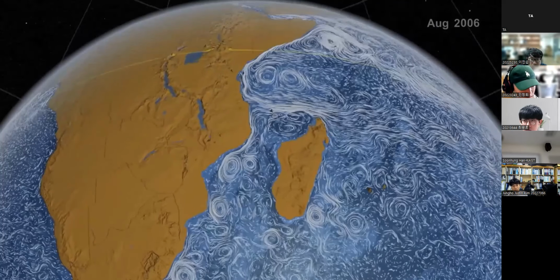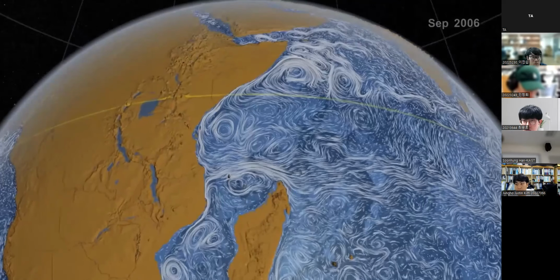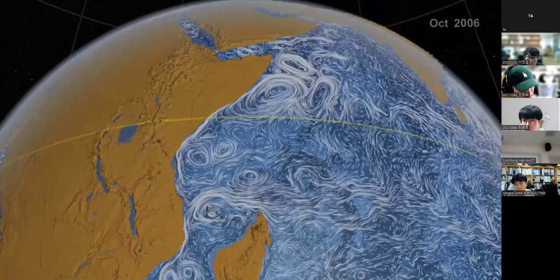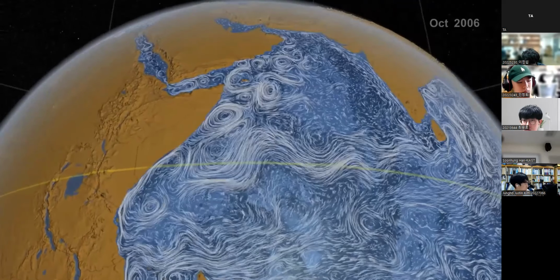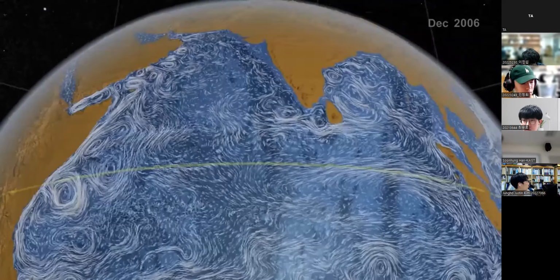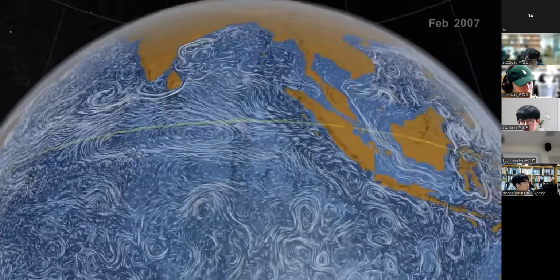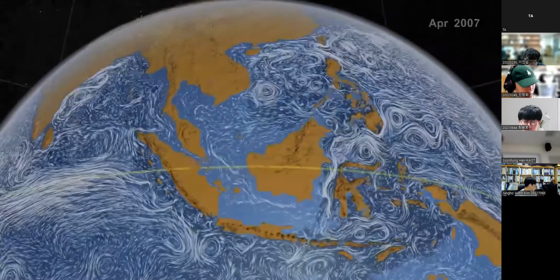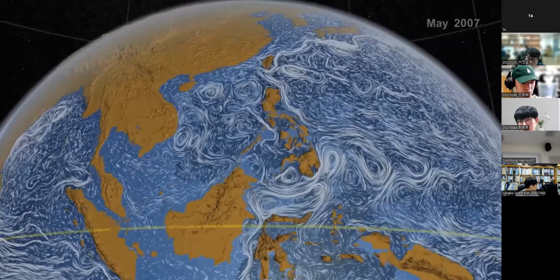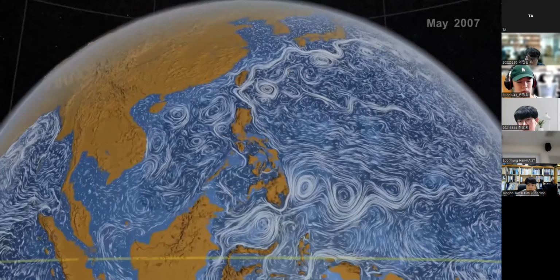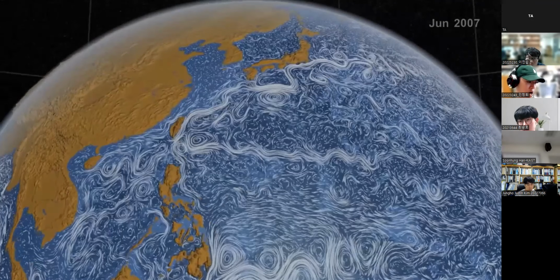Middle East, Saudi Arabia, India. Malaysia, Indonesia, Thailand. And Korea. Here there is a big stream front. What is it?